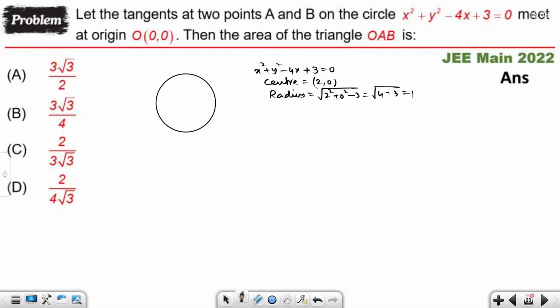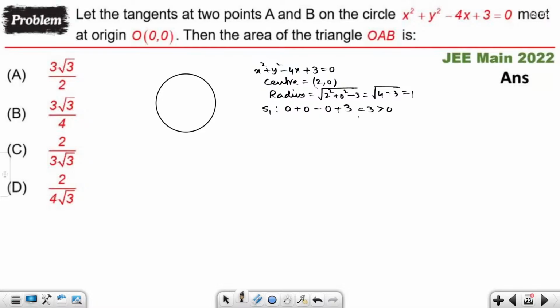Now, there are two tangents drawn at the points A and B to this circle, which meet at the origin. Now, my question is, is this origin on the circle or outside the circle or in the circle? So we have to find out the power of this point. So we can easily see that the power of this point, the origin, is 3, which is greater than 0.